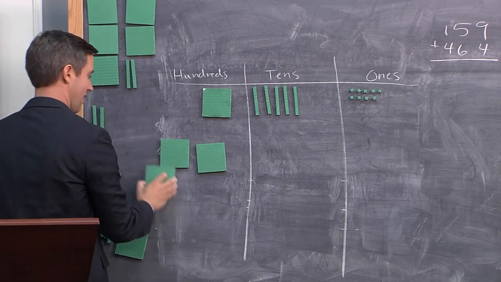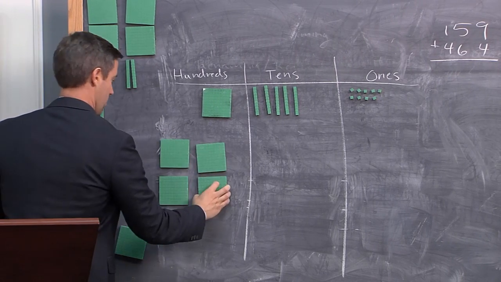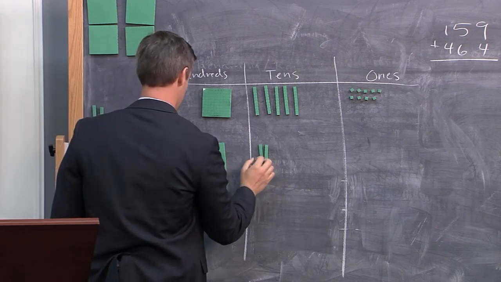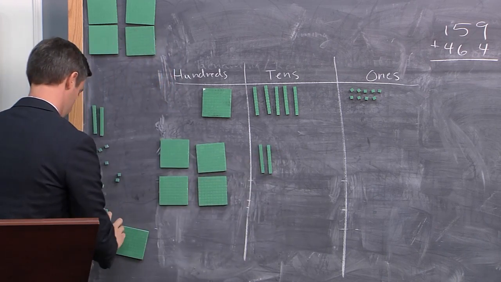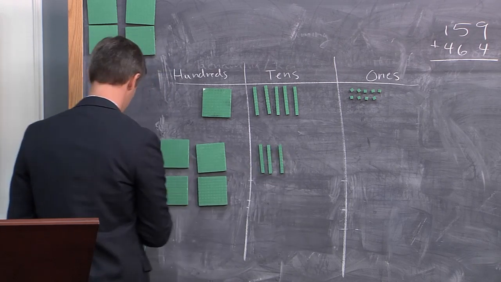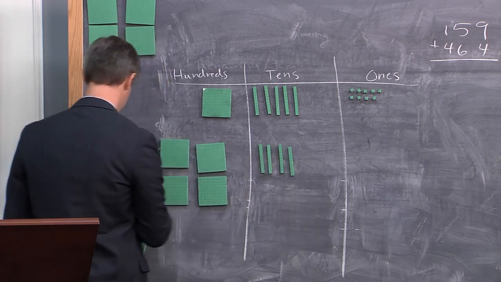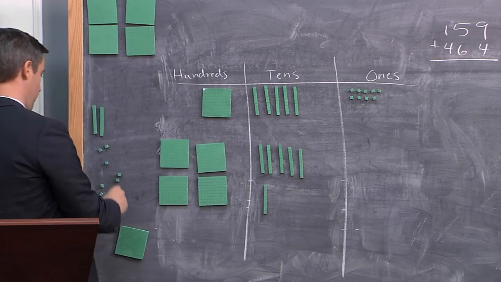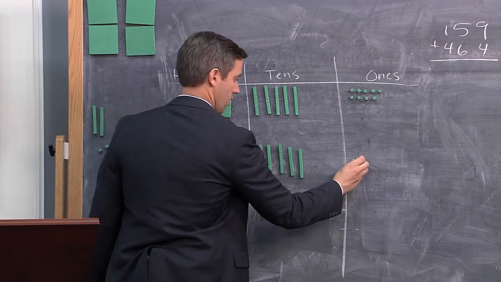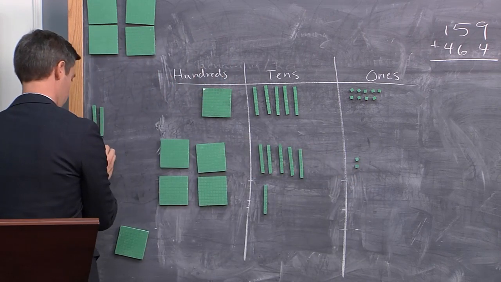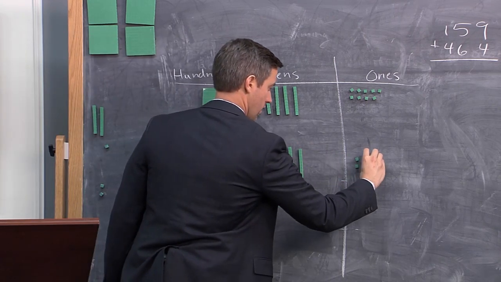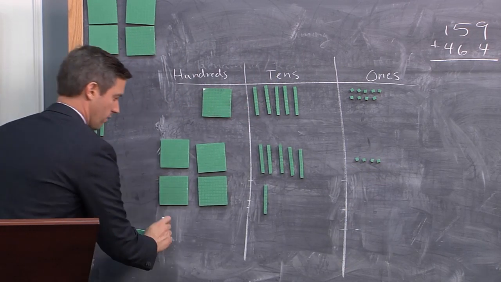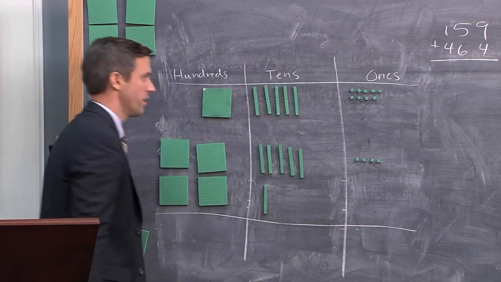So this is the second number. 6 tens. Ooh, good, I have some. And 4 ones.